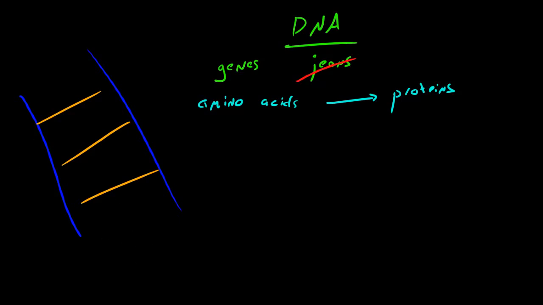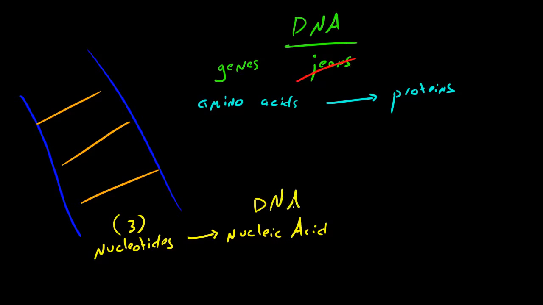Oh crap, I shouldn't have picked orange. Let's get yellow. So nucleotides, which remember are those three ingredients, they make something called nucleic acid. And the most famous nucleic acid is what we're looking at right here, DNA. And nucleic acid is pretty much the blueprint for proteins.